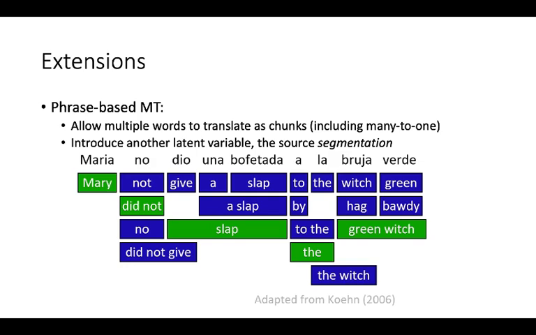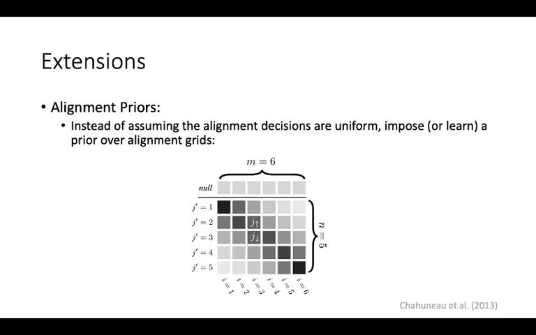And then we can use the same technique to estimate the translation probability at the phrase level, P of E given F and P of F given E at the phrase level. And we can also have some heuristic rule to constrain the alignment matrix.